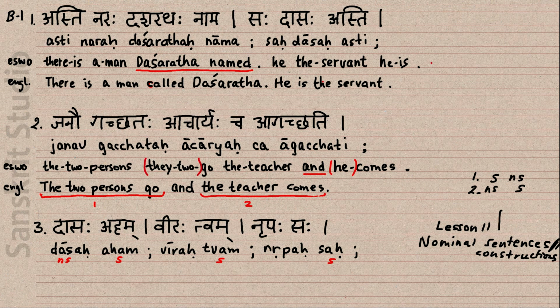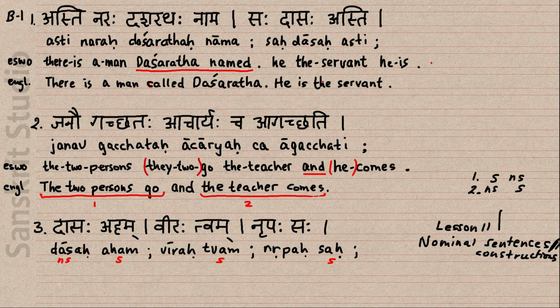And so therefore the implicit verb here, which never is mentioned, is asmi here. Aham asmi dasaha, for example. So it's not dasaha aham asti.